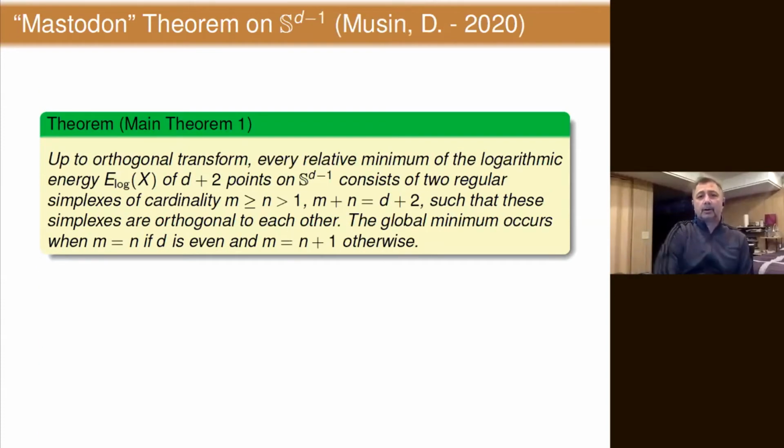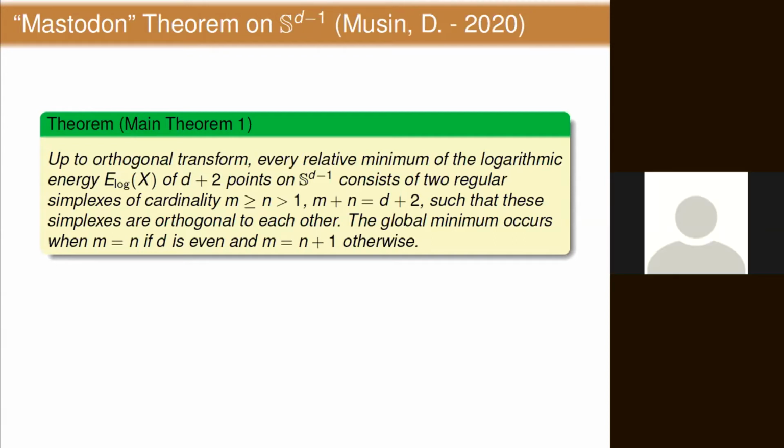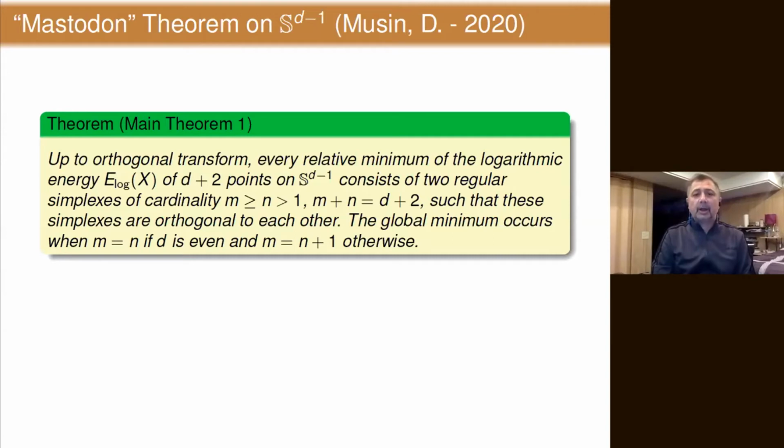Now, the result with Oleg: up to orthogonal transformation, every relative minimum, and I'm talking about the relative minimum, of the logarithmic energy of D plus 2 points on S^(D-1) consists of two regular simplexes of cardinality M and N, without loss of generality.